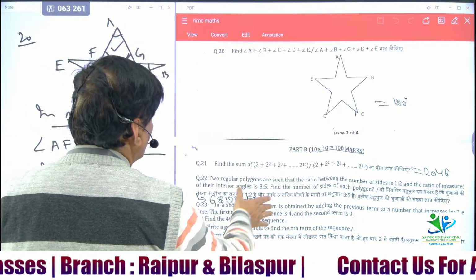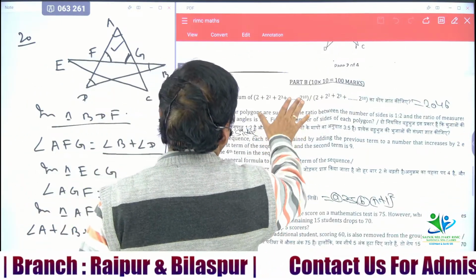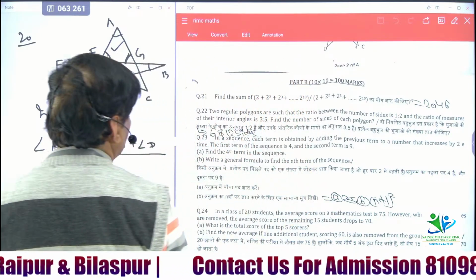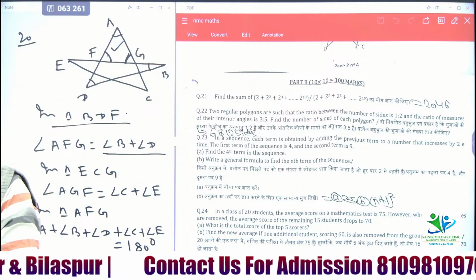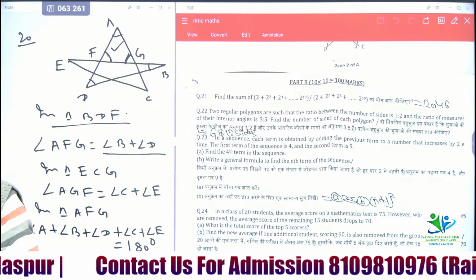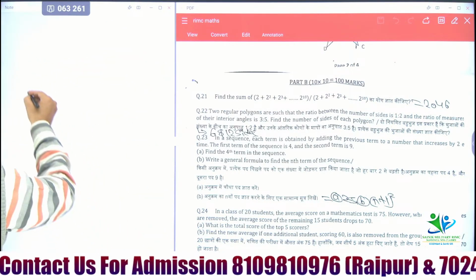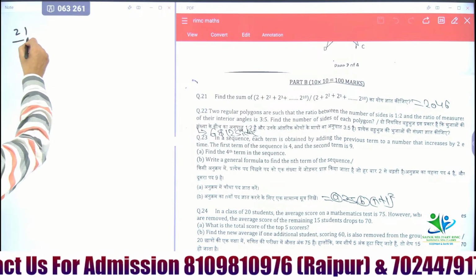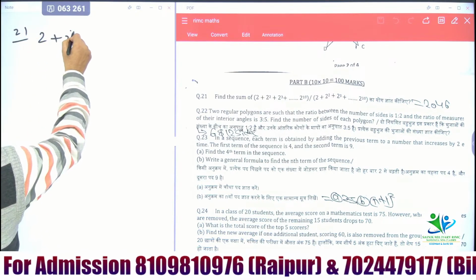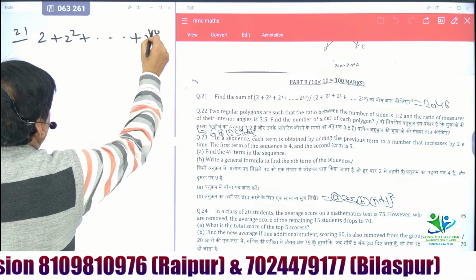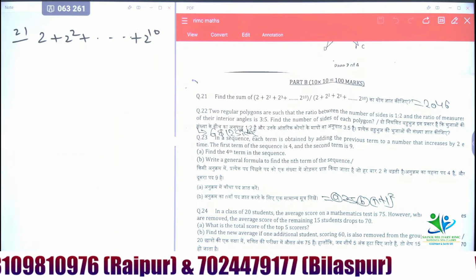Now come to question number 21, part B, and in part B each question is of 10 marks. You have to find the sum, that is 2 plus 2 square up to 2 to the power 10. Clearly there are 10 terms here.